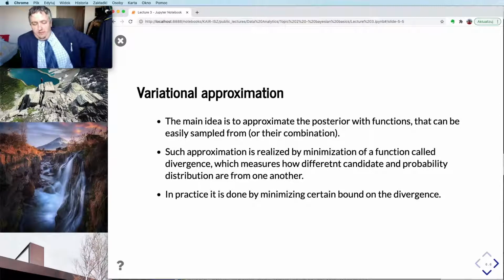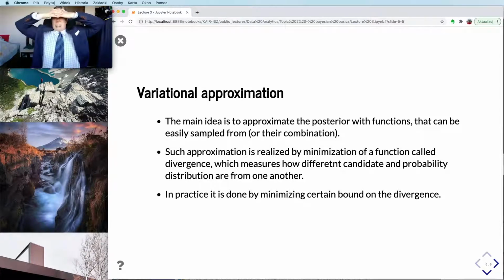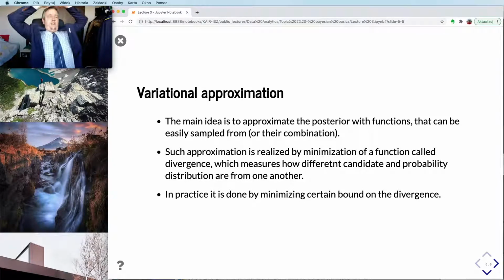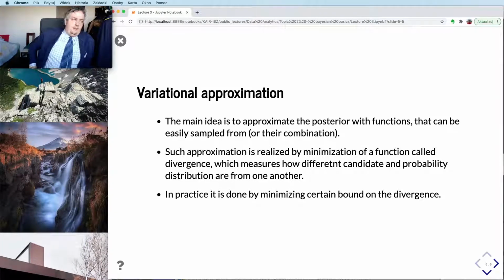A different way of computing approximated results is the variational approximation. Variational approximation is a relatively popular algorithm allowing us to sample from the posterior distribution.